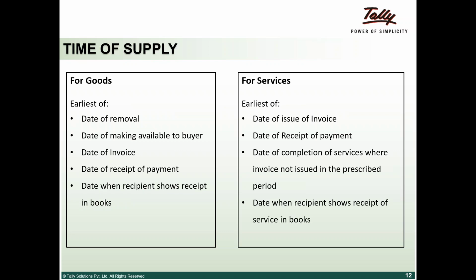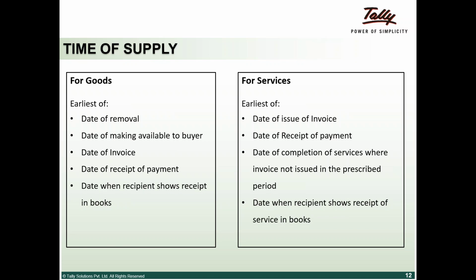For services, again, it's the earliest of the date of issue of invoice, which we spoke about earlier. Even though the service may not have been rendered, if I've issued an invoice, it is deemed that the service has been supplied.